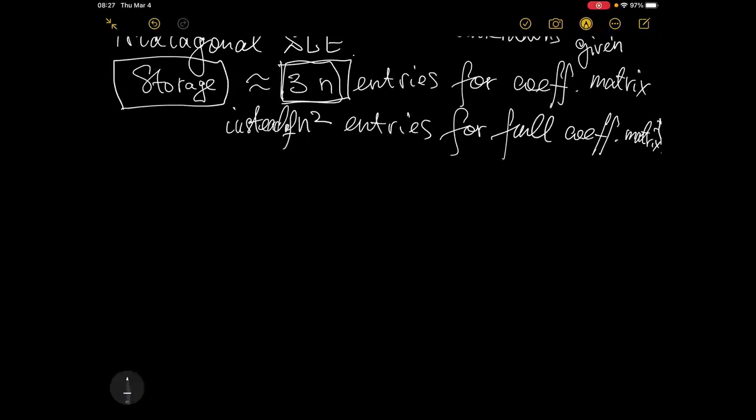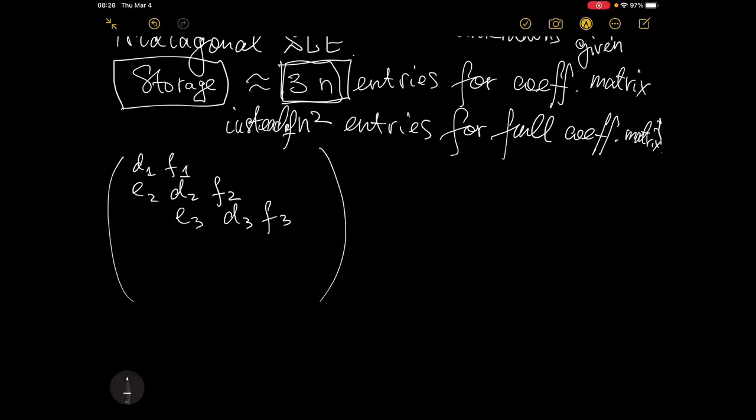Next, let's consider the following general tridiagonal system. And everything else is zeros.